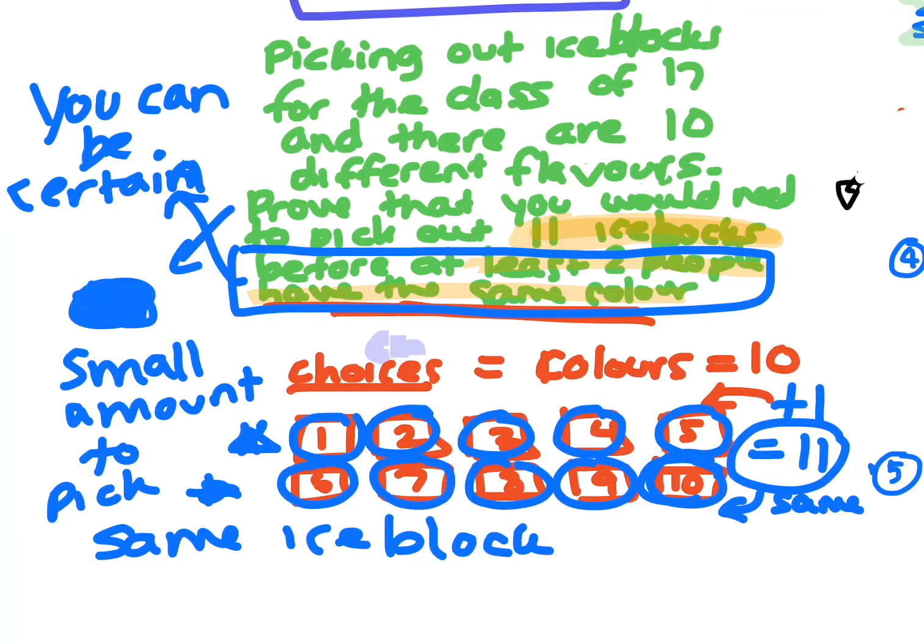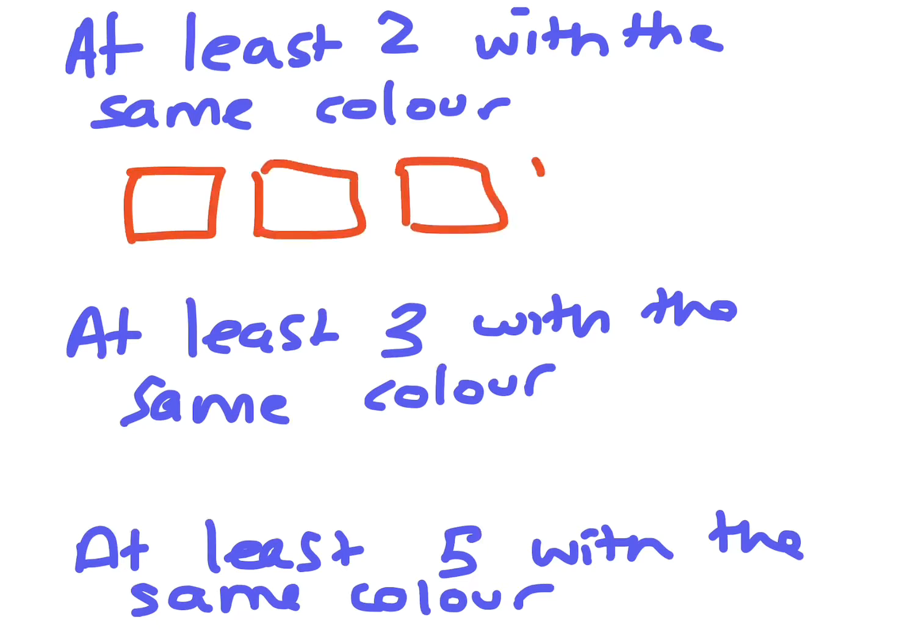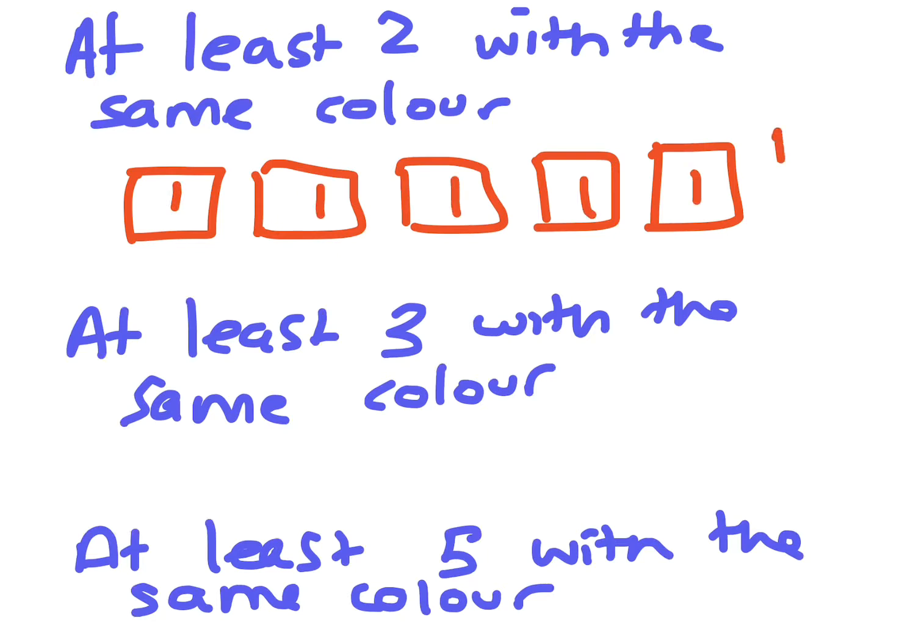By the time you gave out 11 ice blocks, then you could be certain that at least 2 of them would have the same colour. So when you're doing at least 2 with the same colour, or being certain that at least 2 have the same colour, then you're always putting 1 into each pigeonhole. So there's always 1 in each pigeonhole, and then you'll have a leftover.